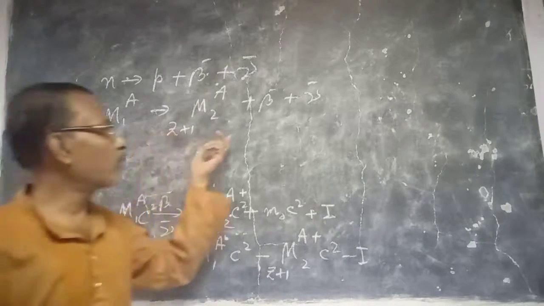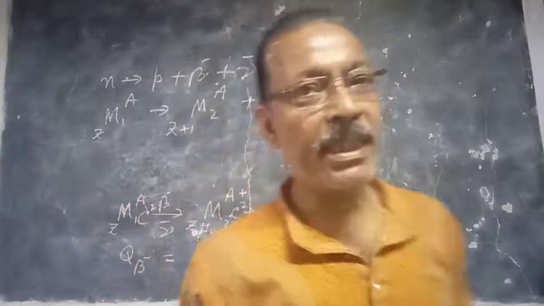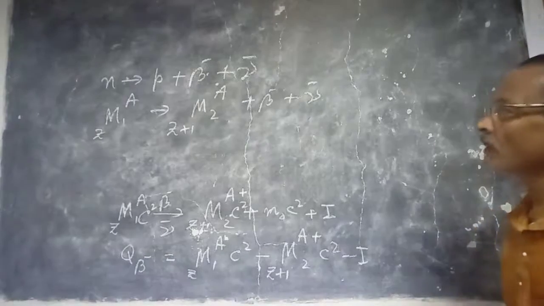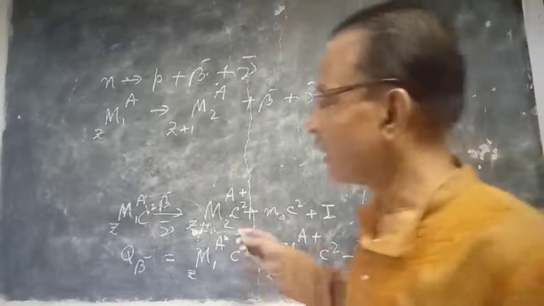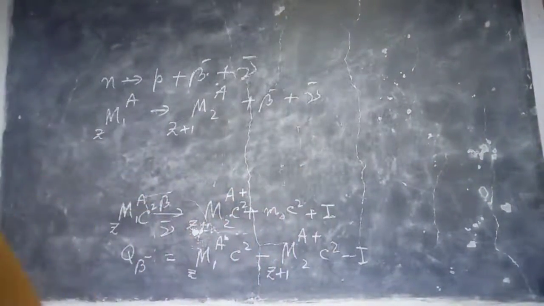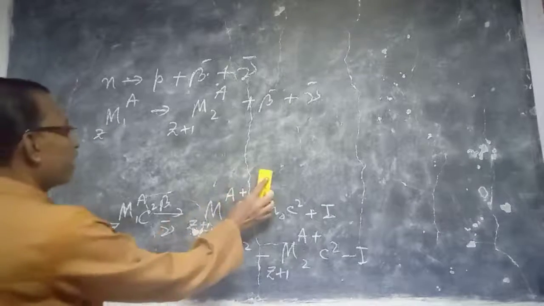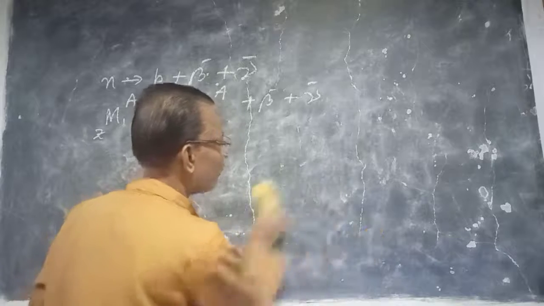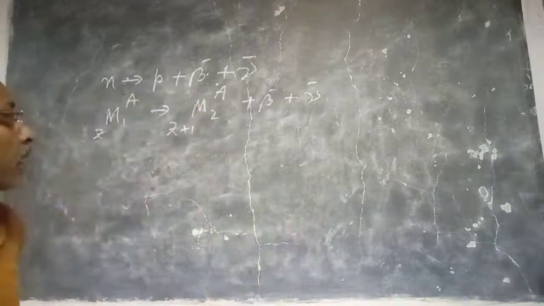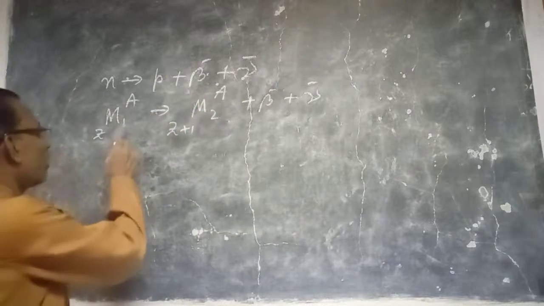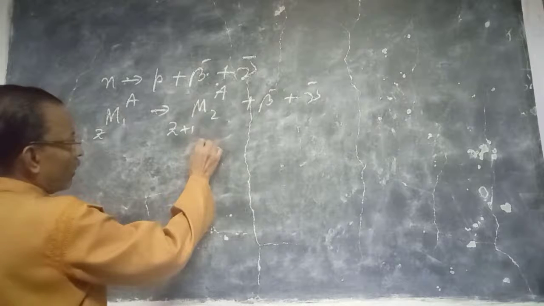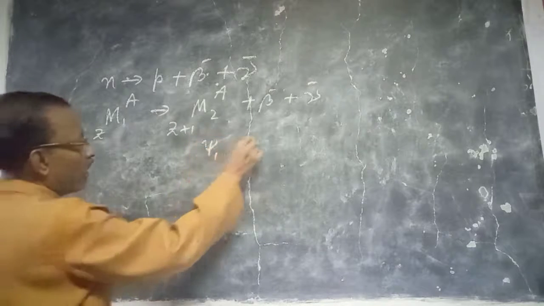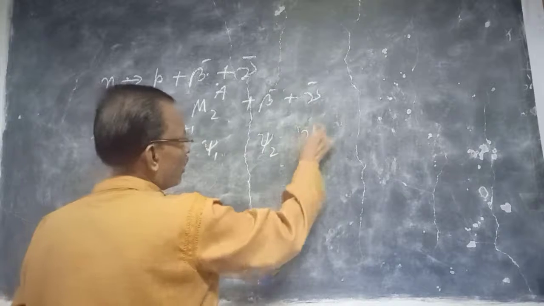So here we have to calculate the transition rate by applying the time dependent perturbation theory, because three systems are involved: psi 1, psi 2, psi 3.